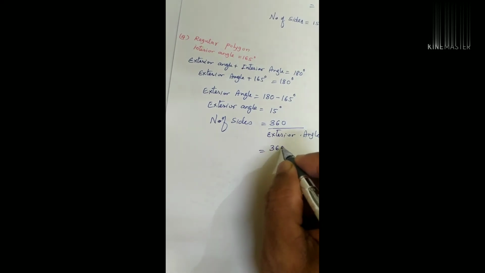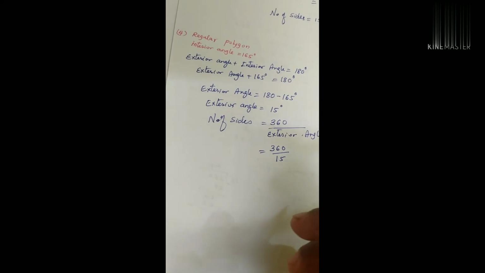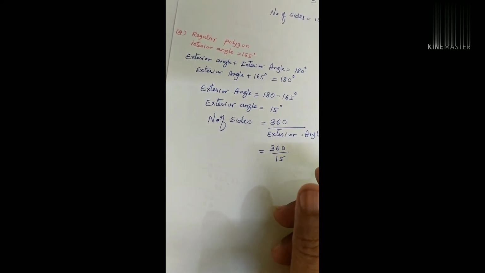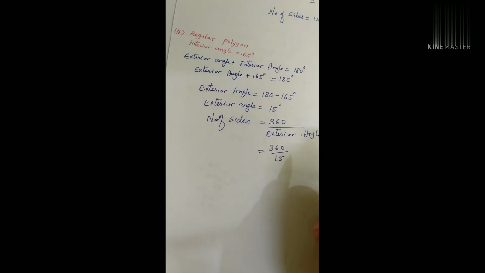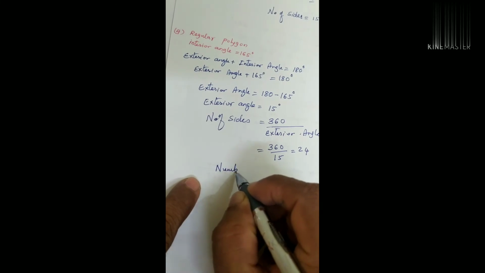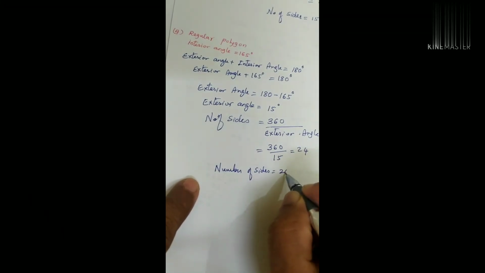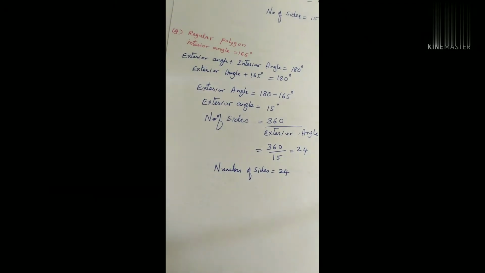So 360 upon 15. 360 upon 15 is 24. So number of sides we'll write down 24. So that is the answer.